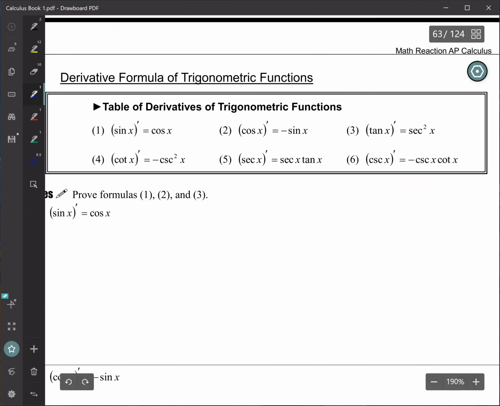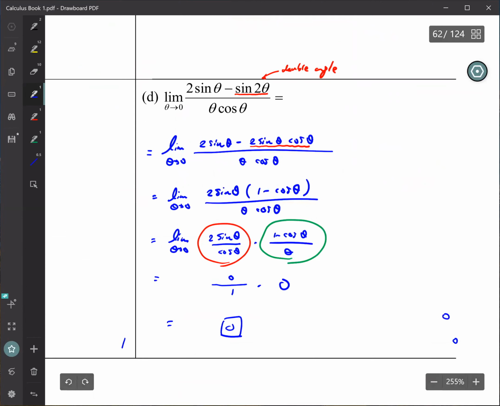Wait, can I ask you if my way was legal, or do I ask you at break? No, I want to know now. Okay. So I did 2 sine theta over theta cos theta, and then subtract 2 sine theta cos theta over theta cos theta.